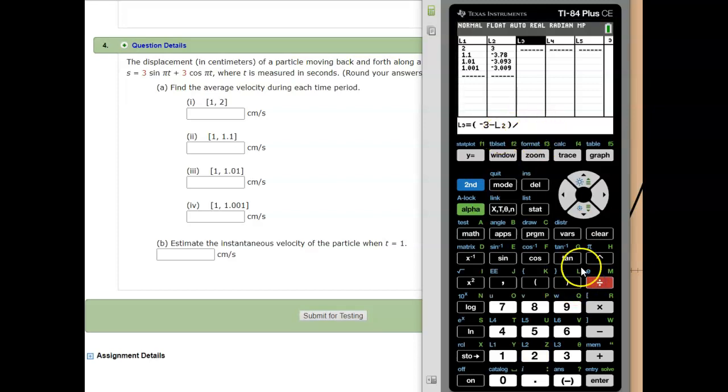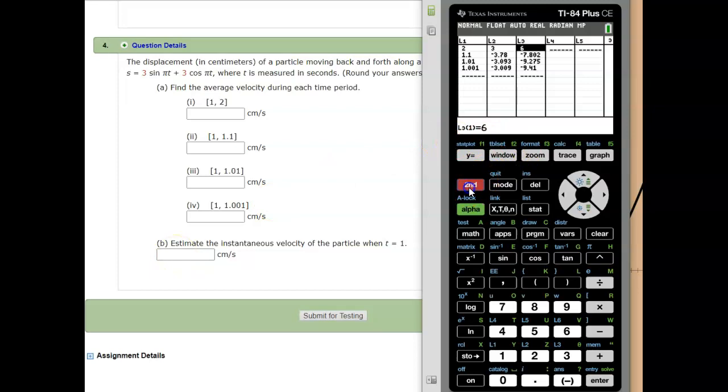Divided by, don't forget to close your parentheses, and then it's 1 minus second list 1. So there I'll have all my slopes. So I'm thinking as I get closer and closer to 1, my slope should be about -9.41. And according to this list, that might be the best estimate I can get.